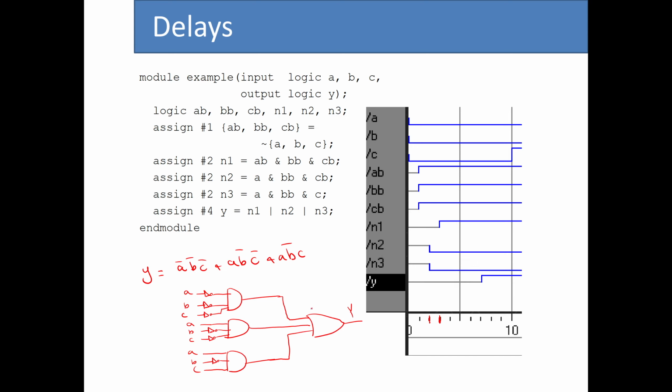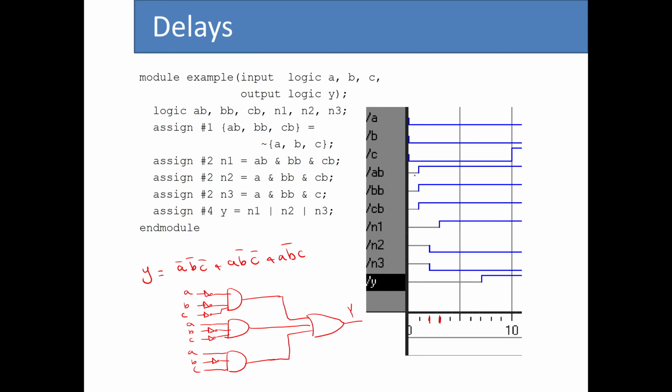For the first AND gate, you have to calculate A bar, B bar, and C bar, because at the beginning all of these are 0.